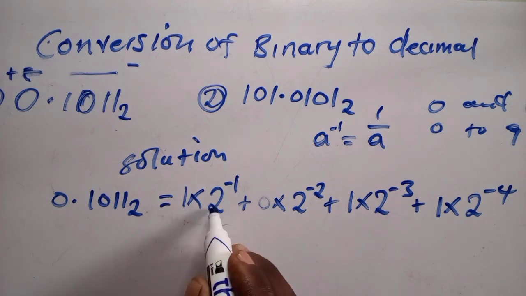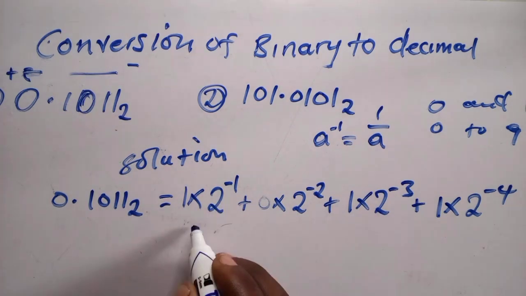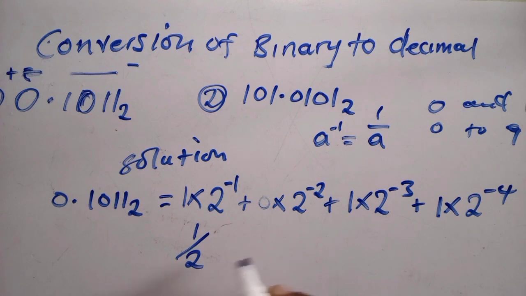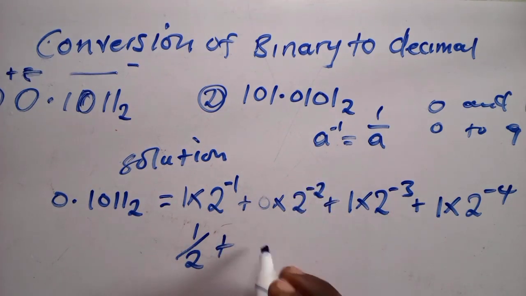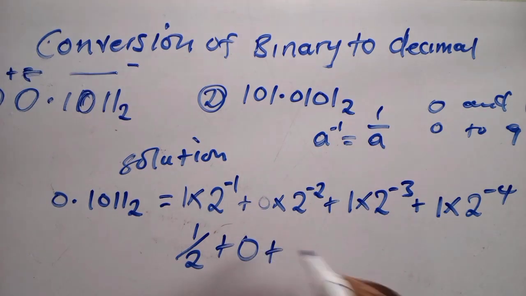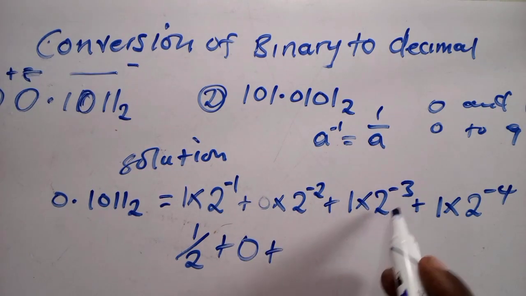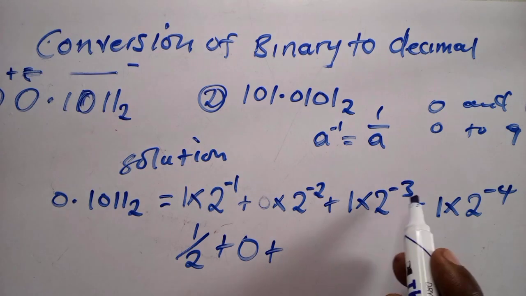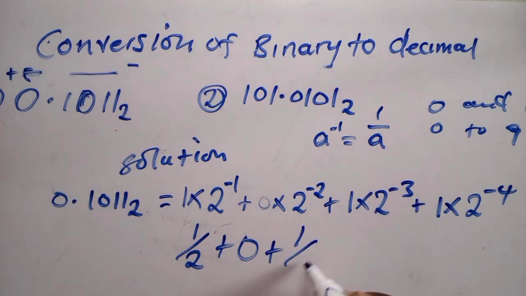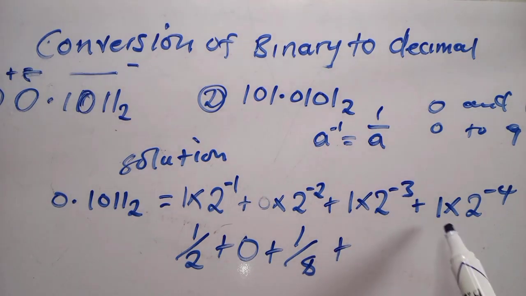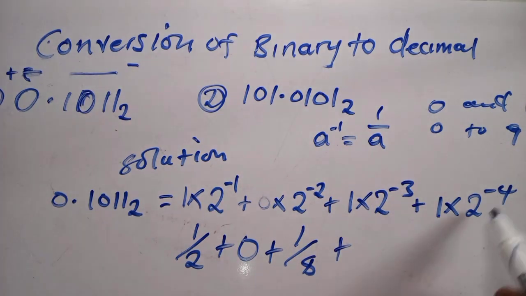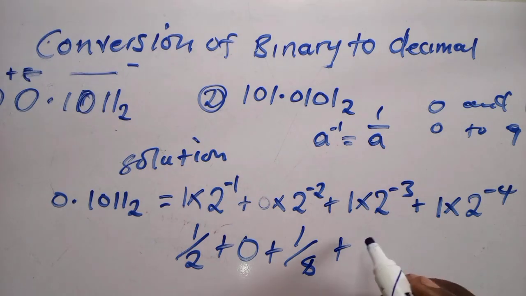In which 1 times 2 to the power -1 will be 1 over 2, plus 0 times 2 to the power -2, it is 0, plus then 1 times 2 to the power -3, it is 1 over 8. Then plus 1 multiplied by 2 to the power -4, it is 1 over 16.